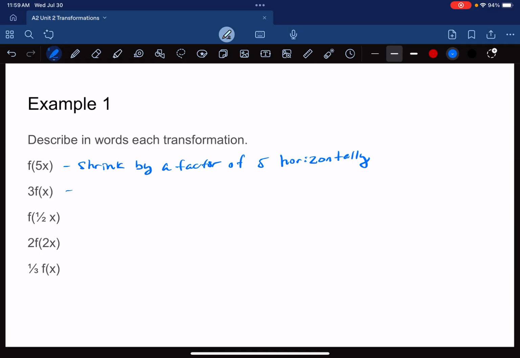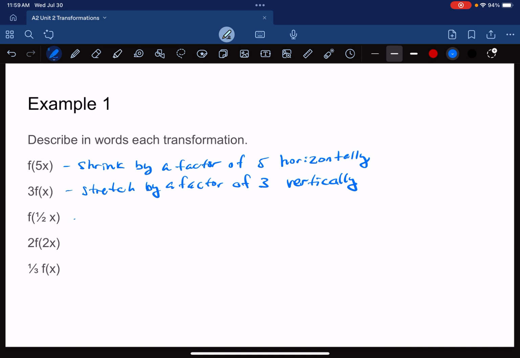So 3 f of x is going to stretch by a factor of 3 vertically, in the y direction. It's going to multiply the y values by 3.